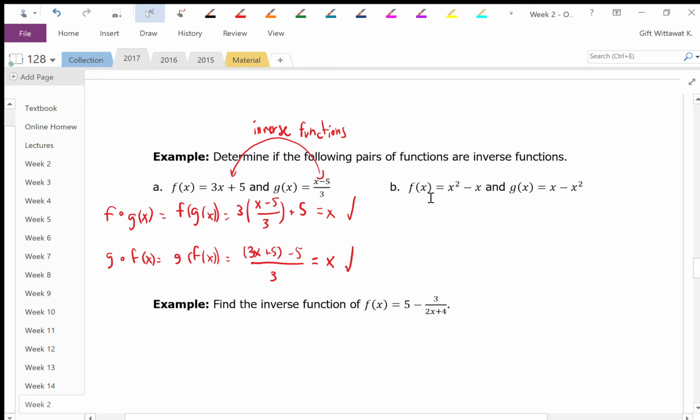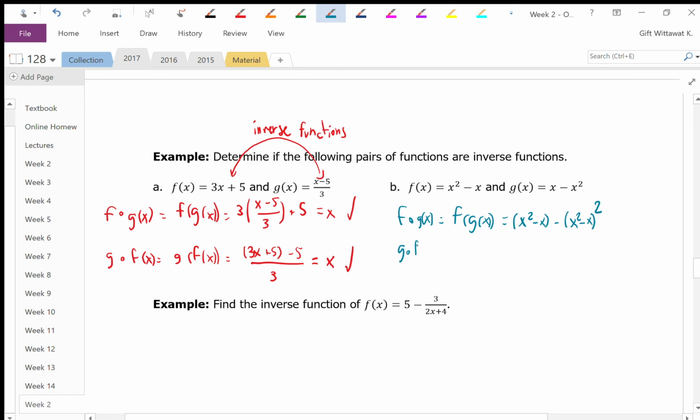The next one: my f is x squared minus x, and my g is x minus x squared. Let me go ahead and do that already. I think you guys are familiar with this already. f of g of x would be x squared minus x minus x squared minus x squared.